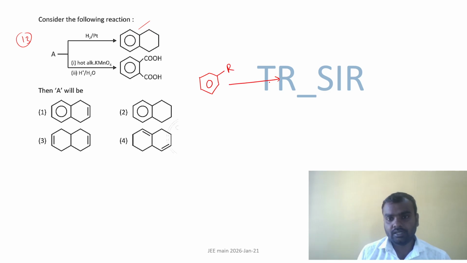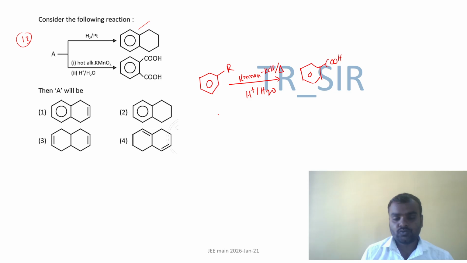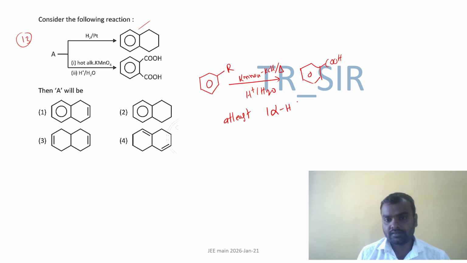If you treat with KMnO4, KOH, and do the hydrolysis, then that R group is converted into a carboxylic acid. The condition is that at least one alpha H should be present.